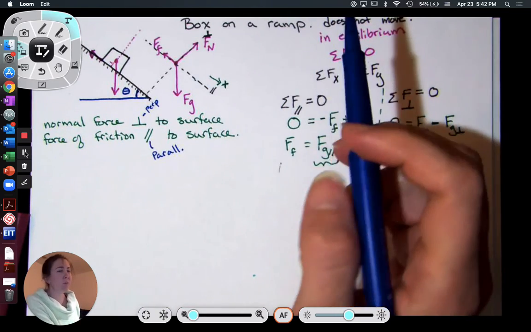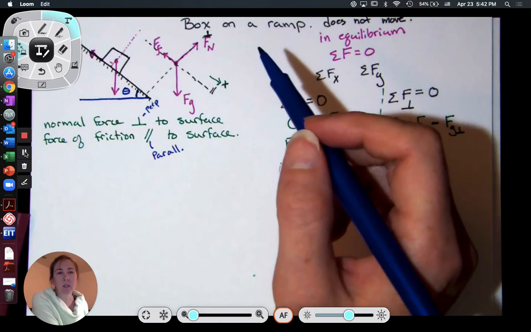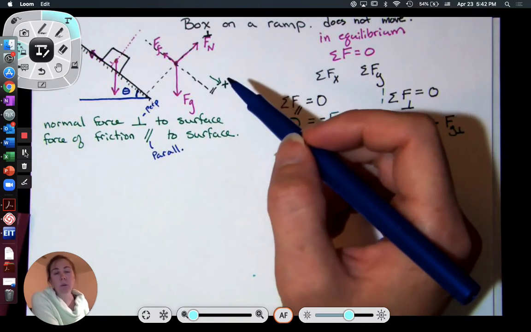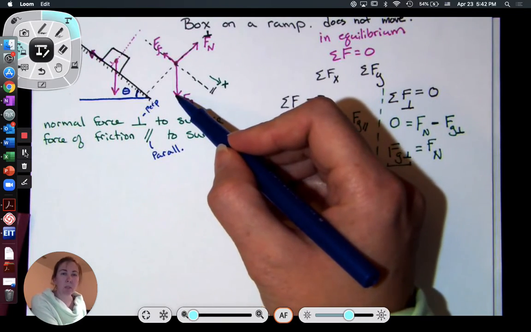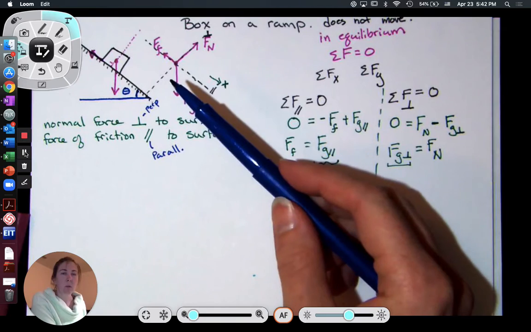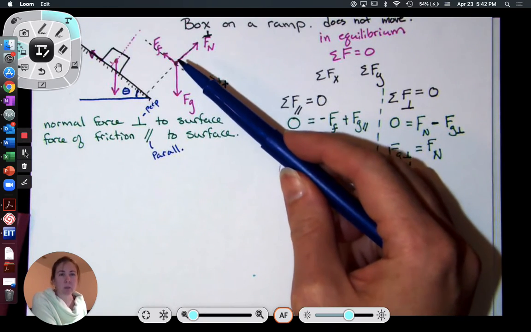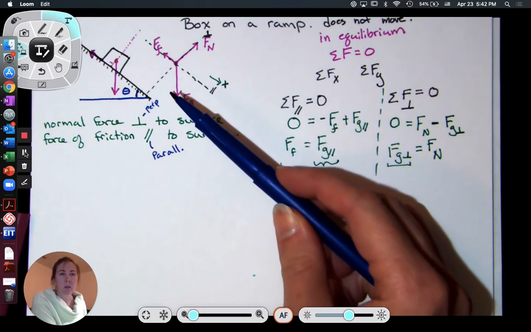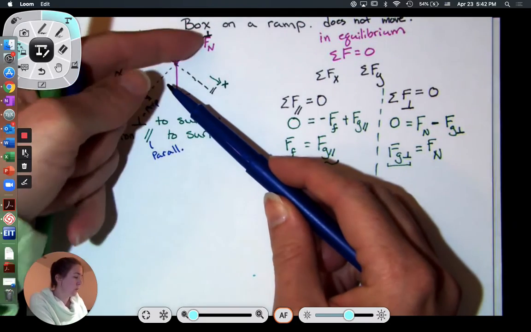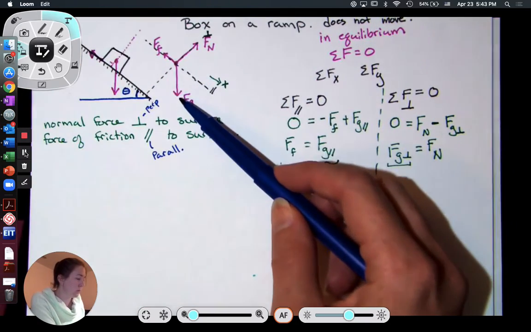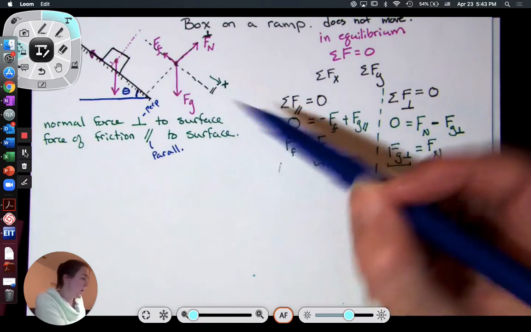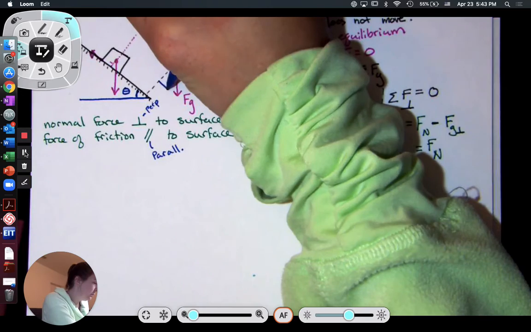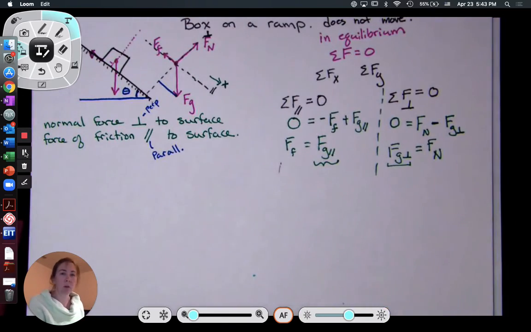And I don't have a really good trick for this, and I wish that I did, but for the triangle that we're going to draw, we are going to drop a perpendicular line to the parallel axis. We're going to drop that straight back to the line that the normal force is on. So the normal force, we're going to drop this straight back parallel to the ramp, and that is going to start our triangle.